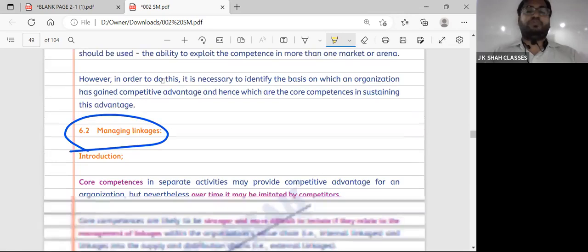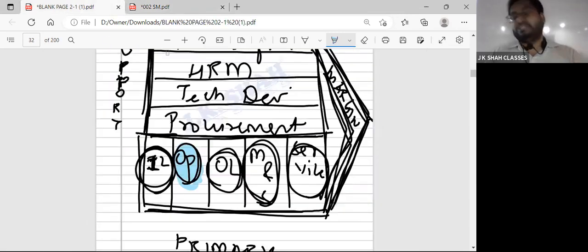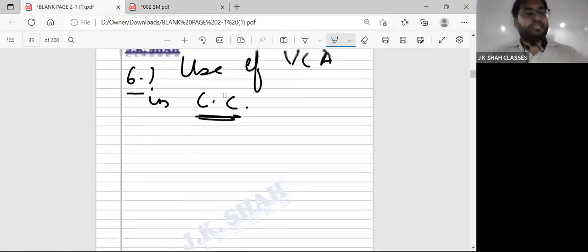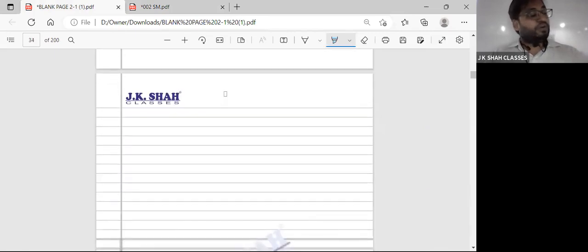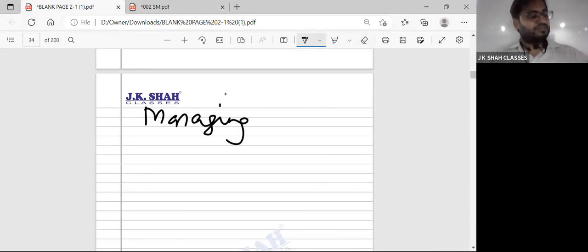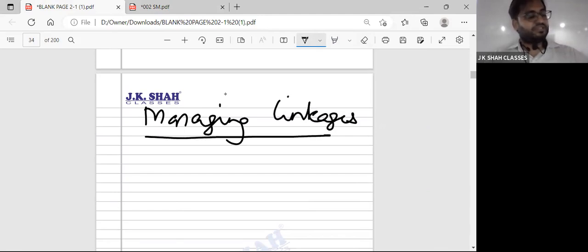Now, let's talk about managing linkages. For managing linkages, I want you to write whatever I am writing. Managing linkages.